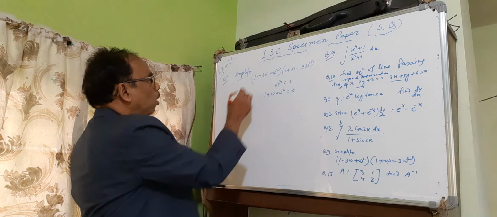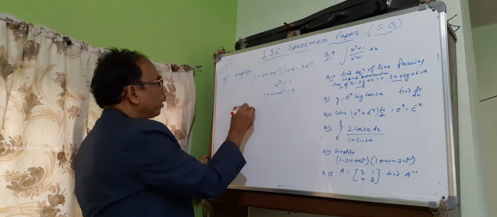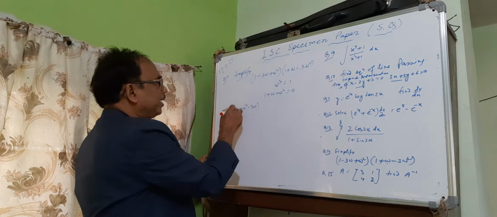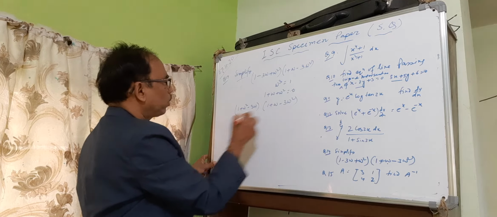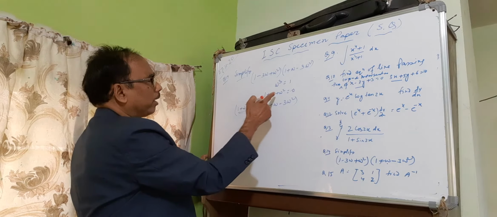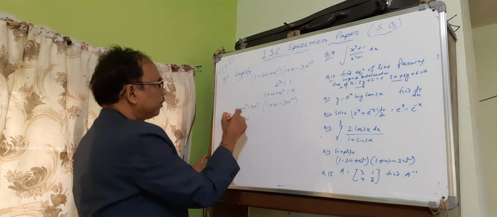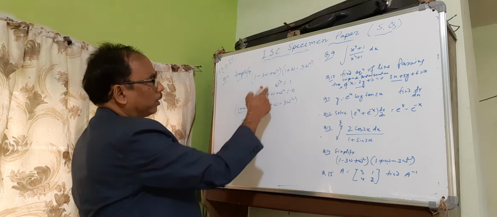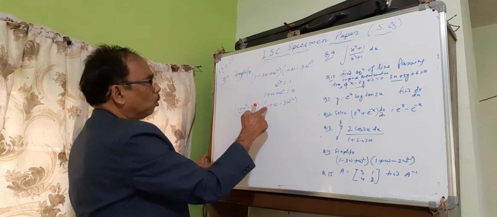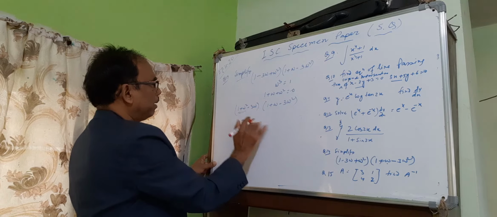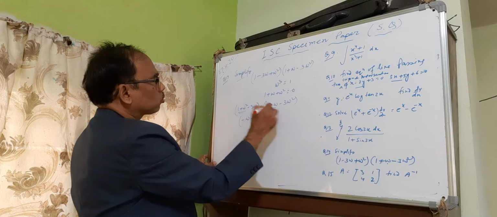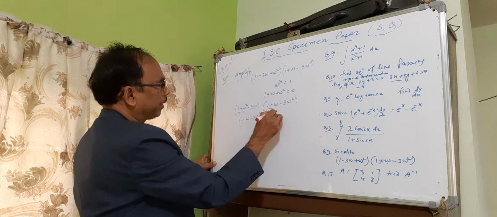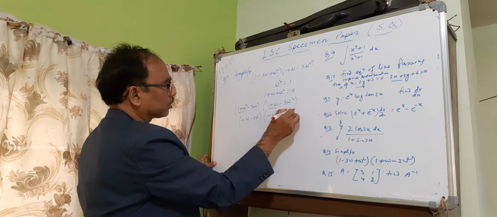So here, 1 plus omega square minus 3 omega, arranging this, and 1 plus omega minus 3 omega square. 1 plus omega square value is minus omega. So minus omega minus 3 omega, and 1 plus omega value is minus omega square, minus 3 omega square.